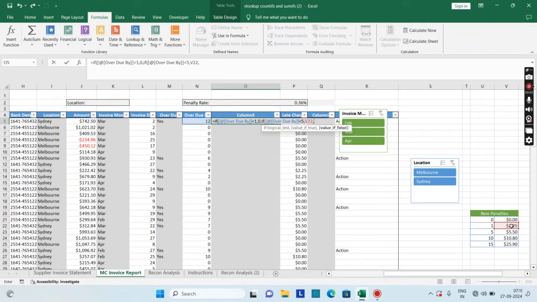comma, if. Now for the false condition, another if again, the same thing, overdue by. This time, I have done 1, I have done 5. If it is less than 10, then I want a penalty of 5.50.